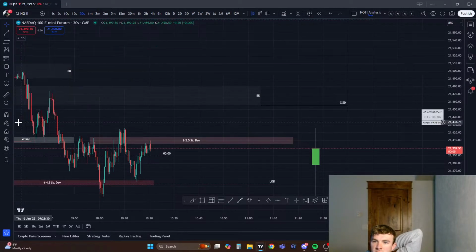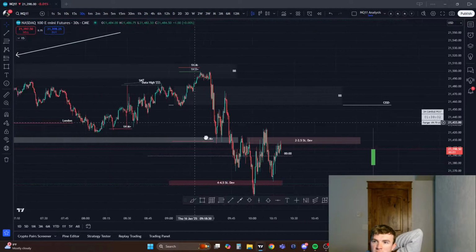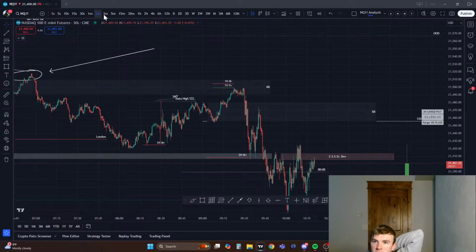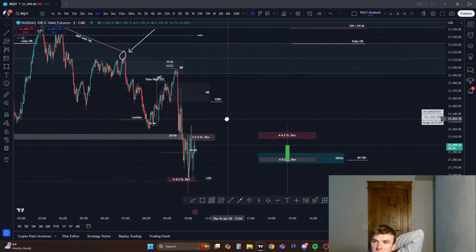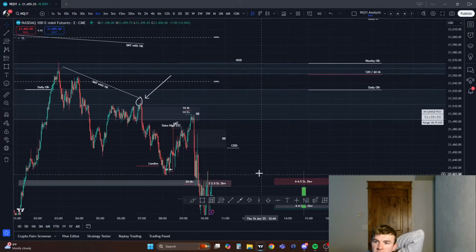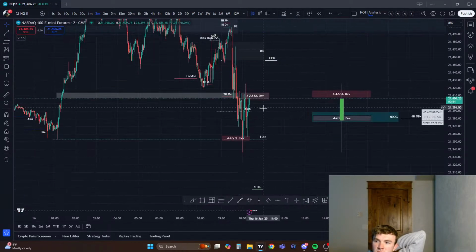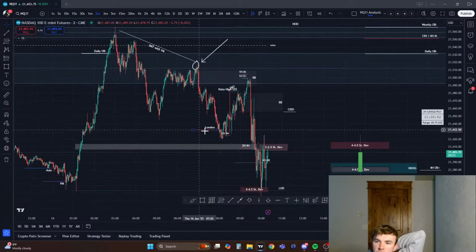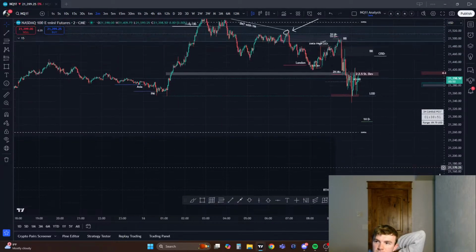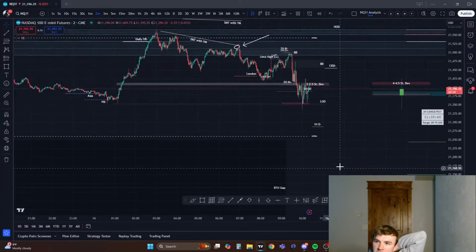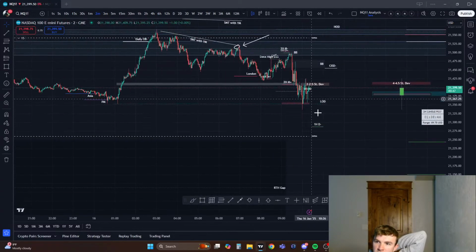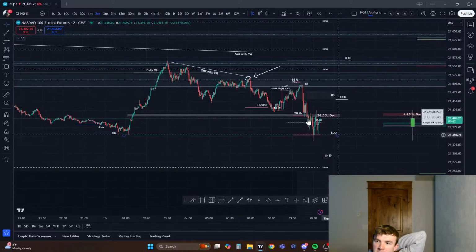see if there's any new week opening gaps. Okay, the new week opening gaps right here. So it's kind of cool. We're delivering from these new week opening gaps. I would expect us to probably go at least to the midpoint here, this event horizon.